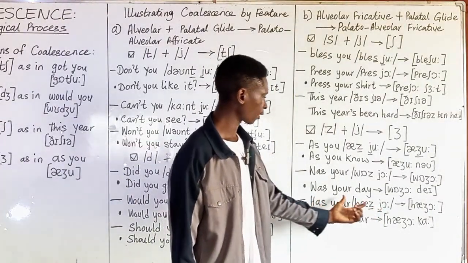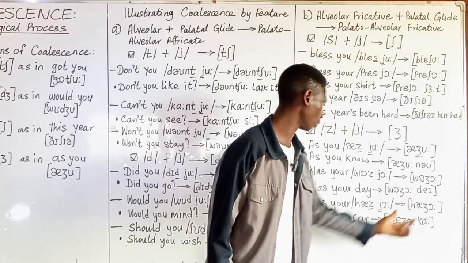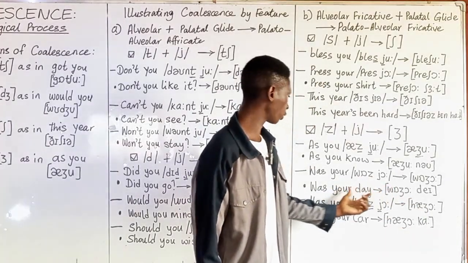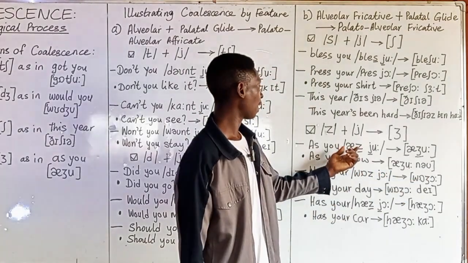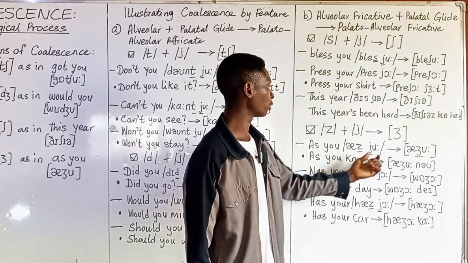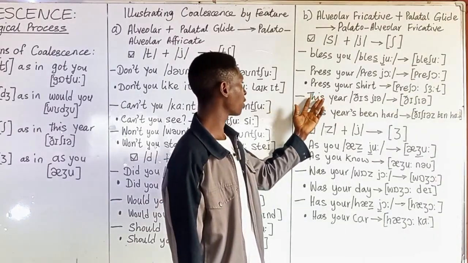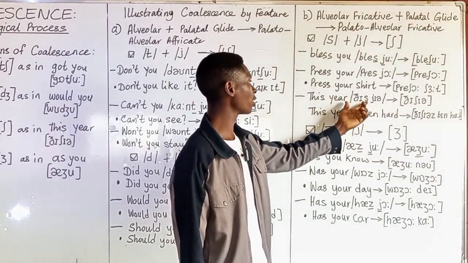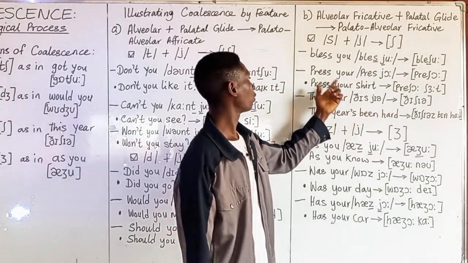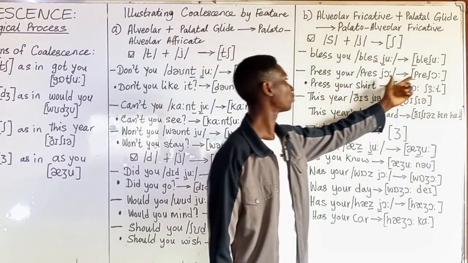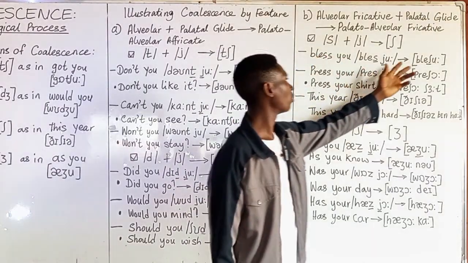We have as your giving us azure, was your giving us was your, as you giving us as you. Same thing is applicable to this year, pressure, and bless you.